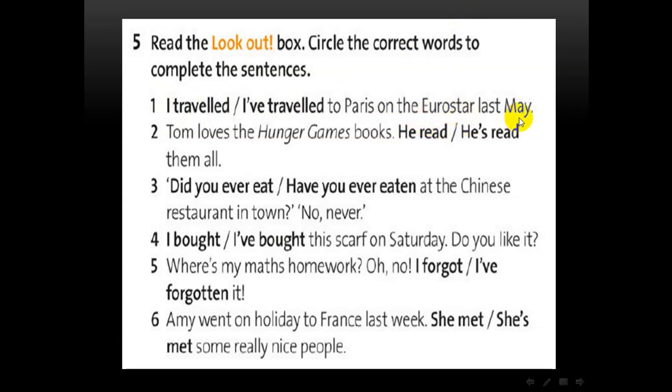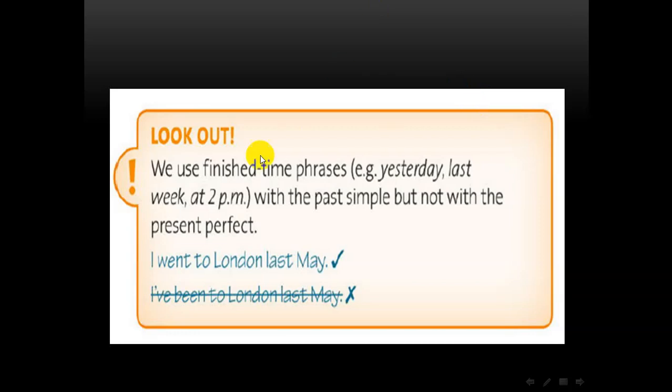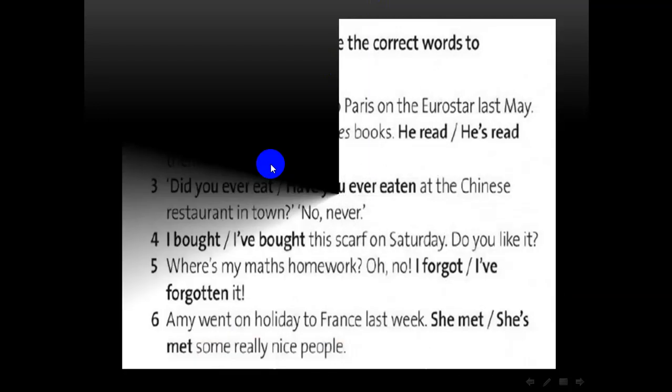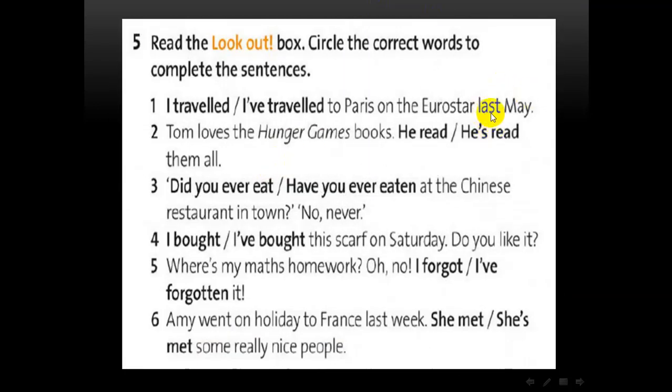Last May. ما الجواب؟ I traveled. لماذا اخترت I traveled؟ لأنني استخدمت finished time phrases. Yesterday, last week, at 2 p.m. These are finished time phrases. استخدمت a finished time phrase last May، لذلك اخترت الماضي البسيط لأنني حددت التاريخ سفرتي.